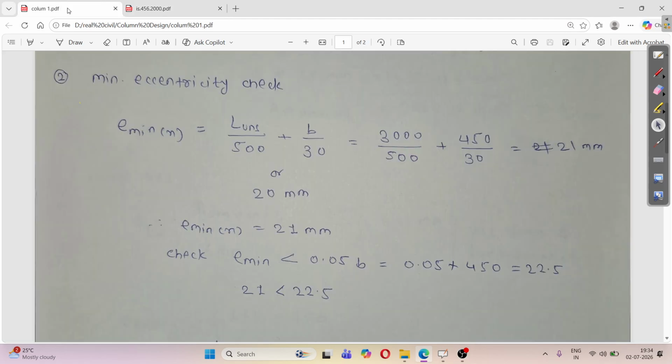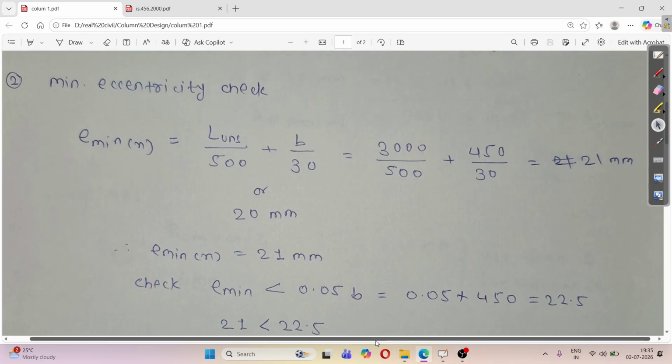So in simple language, first we will check the minimum eccentricity in x direction. So the formula is L unsupported divided by 500 plus B divided by 30.